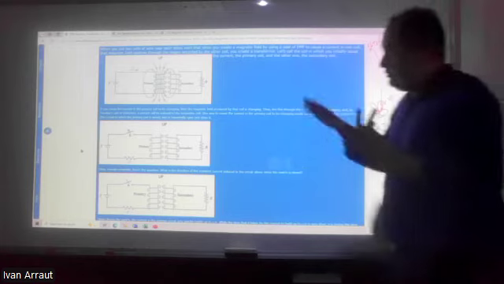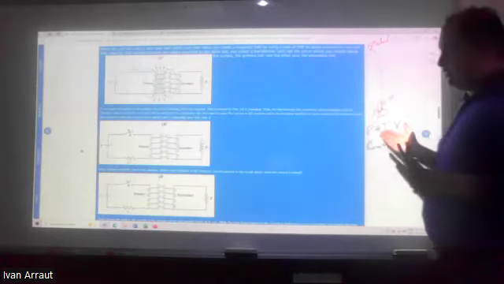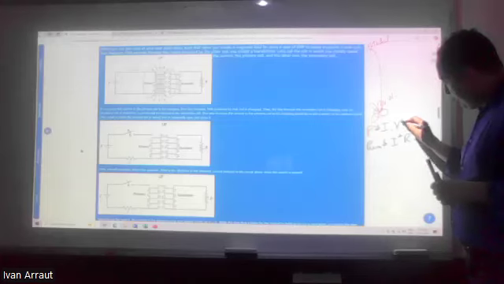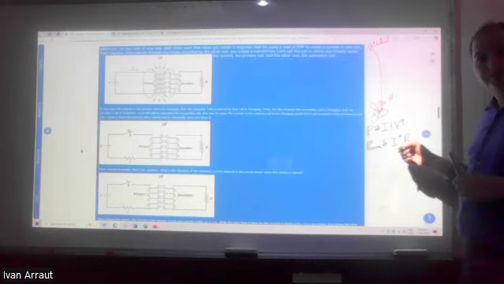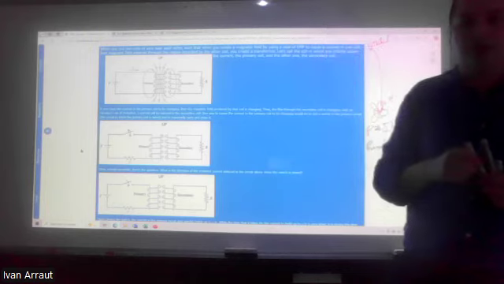So for converting the voltage, when I change the voltage, I have to increase it. If I increase the voltage for a given power, I decrease the current, and then I decrease the losses. And if I decrease the losses, maybe I can transmit this to your houses, and you will receive.